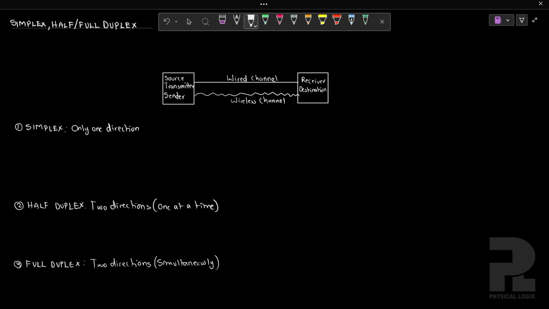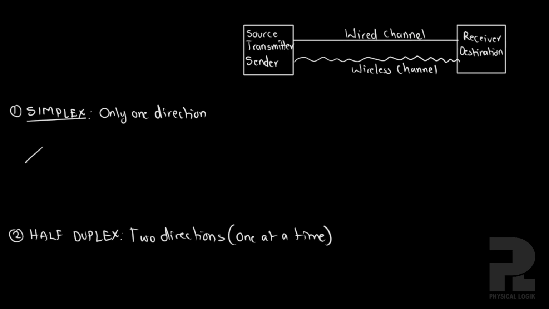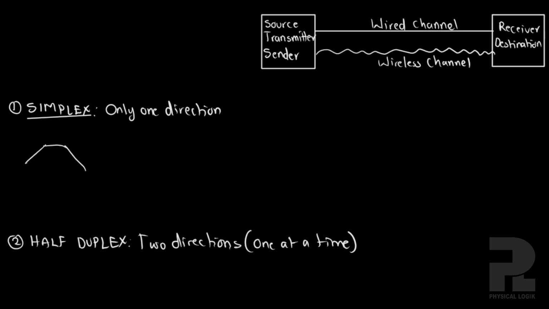Now, for examples under the simplex communication scheme, we are going to demonstrate this using a radio station, for example. So that is the radio house. We have all the equipment, microphones, and all that. After you speak into the microphone, it's connected to a transmitter, and that is also connected to a transmitting antenna outside or on the roof.